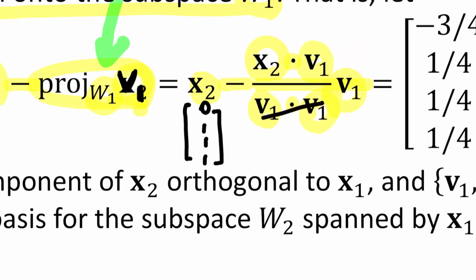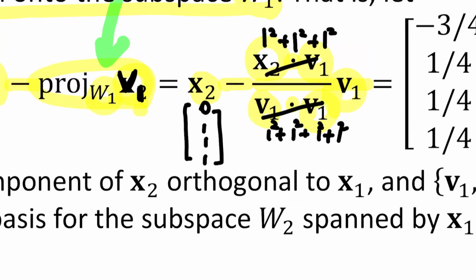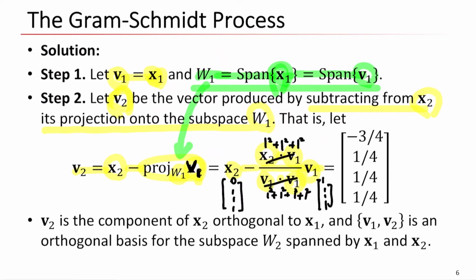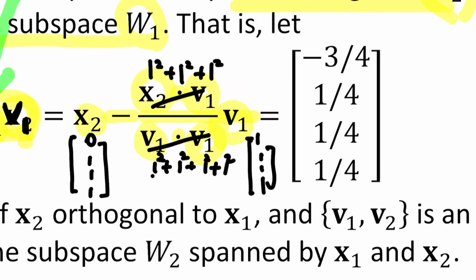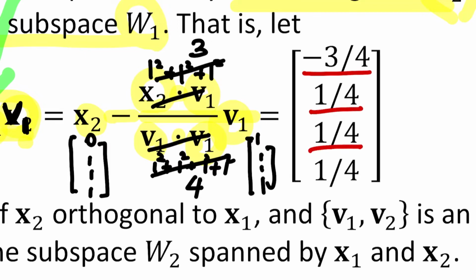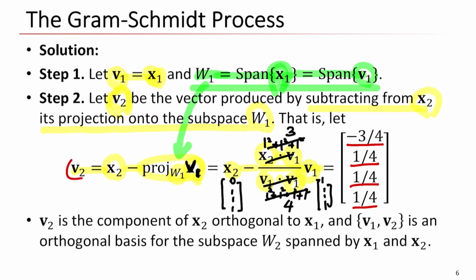So it will be just 1 plus 1 plus 1, over 1 plus 1 plus 1 plus 1, because it will be 3 over 4. So finally here we get negative 3 over 4, 1 over 4, 1 over 4, 1 over 4, right?